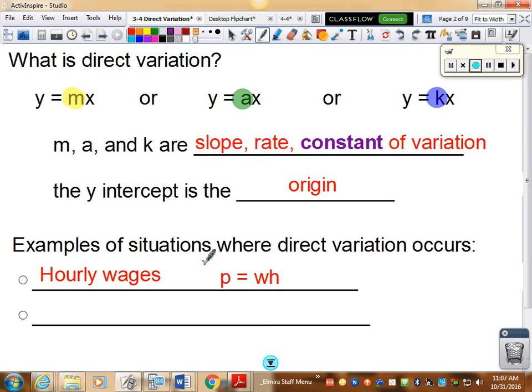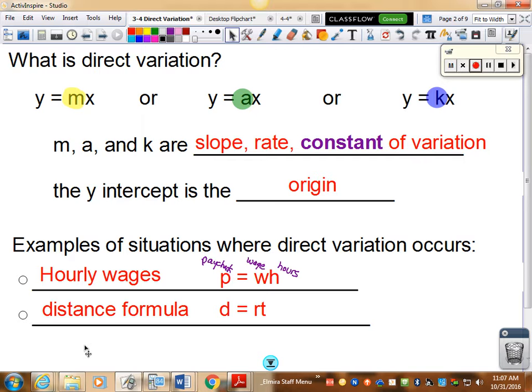Instead of y, it would represent our paycheck. Your paycheck equals your wage, which is how many dollars you earn per hour, times how many hours you work. So that's an example of direct variation. And in this case, the money you make per hour would represent your slope.